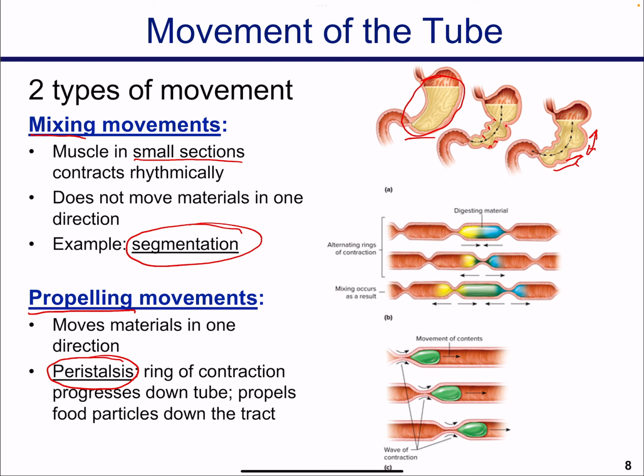I want you to remember those. So here we have the movement of the material as it goes from one location to another, right? So you do have the movement right here, and you have some other ways here to move the material along.